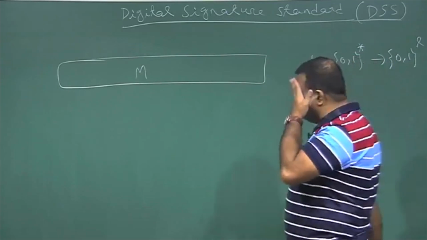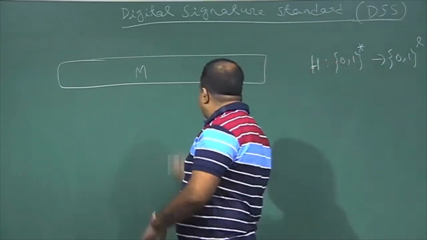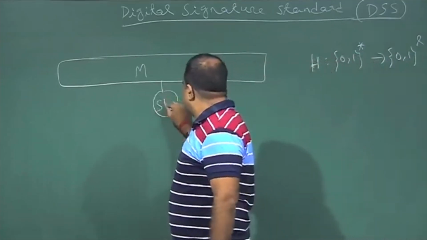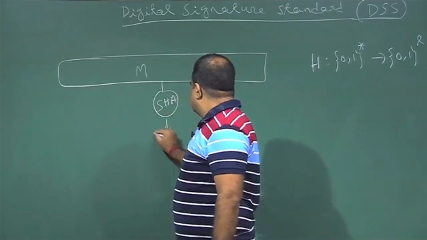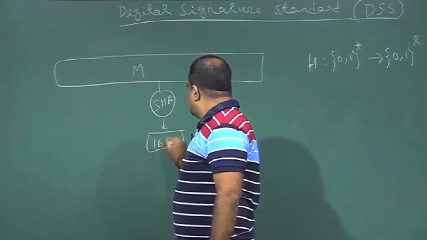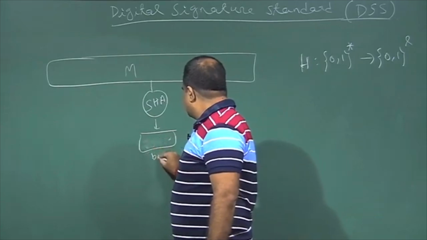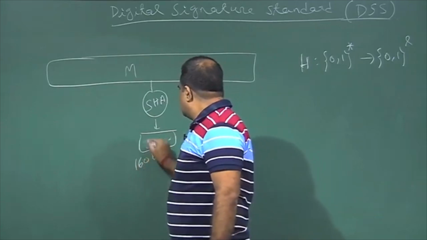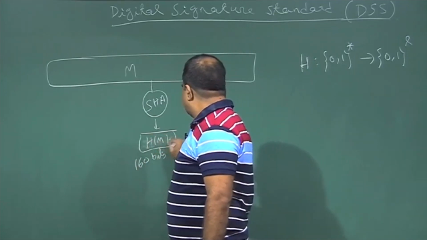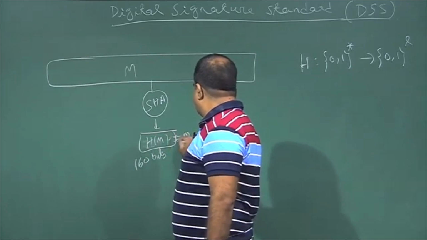In general, it is L bits. For SHA-1, this gives us 160 bits. So this is H of m, which we denote by small m.